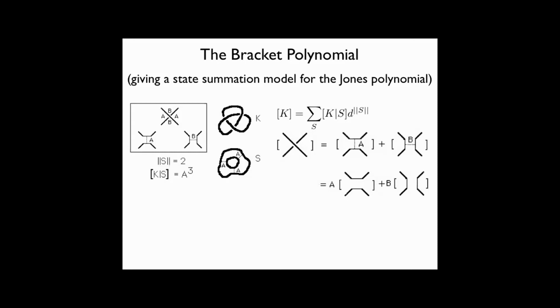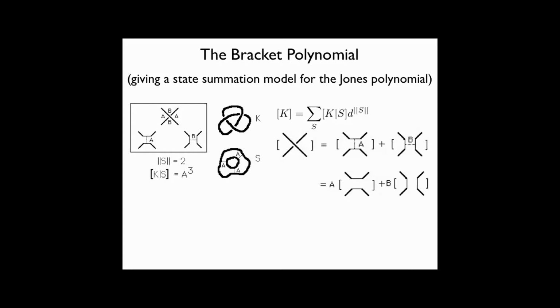The first collection contributes an A, and then it looks like the states of the diagram with the smoothing. And the second contributes a B, and it looks like the states for the diagram with that smoothing. And that's the proof of the skein relation that we had.